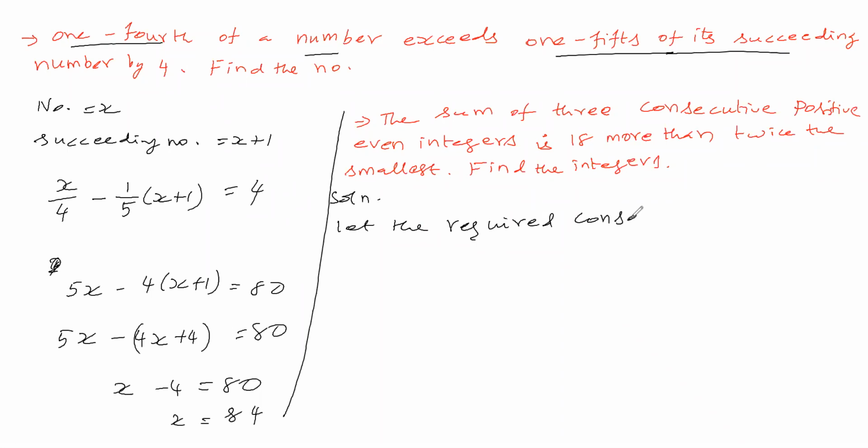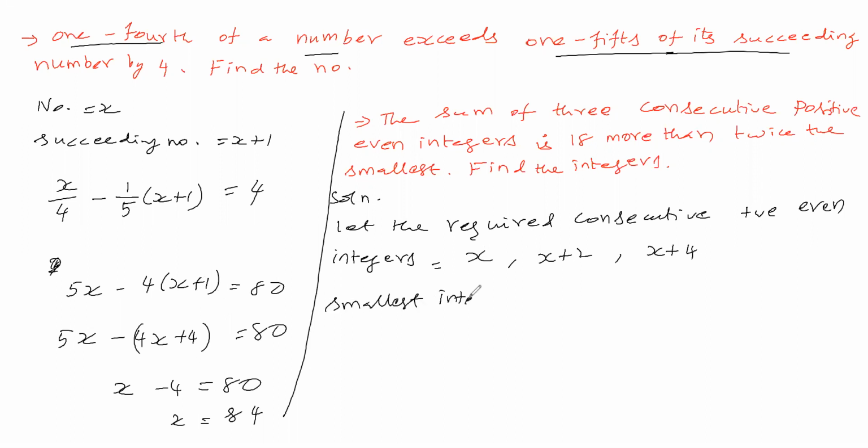One number is x, the next number is x plus 2, the next number is x plus 4. The smallest integer we will take as x.